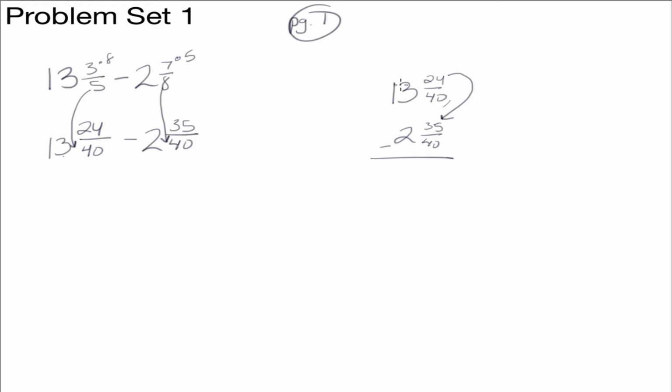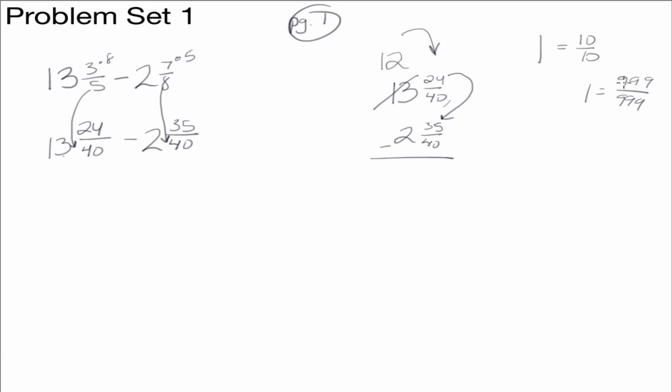So how do we borrow here? We're going to borrow from this whole number. We're going to take 1 from here. 13 minus 1 is 12. You already know that. And then we're going to move the one that we borrowed over here. Now, I'm assuming that you already know that when you are manipulating fractions, 1 is equal to any number over itself. 10 over 10. 1 is equal to 999 over 999.